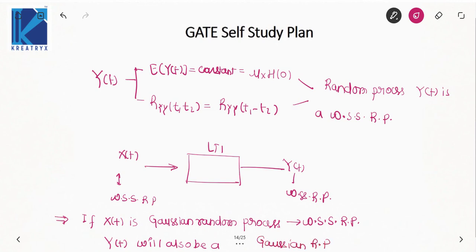So these two results are very important: if x of t is a wide sense stationary random process, then y of t will also be a wide sense stationary random process. And second, if x of t is a Gaussian random process, then y of t will also be a Gaussian random process. Thank you.